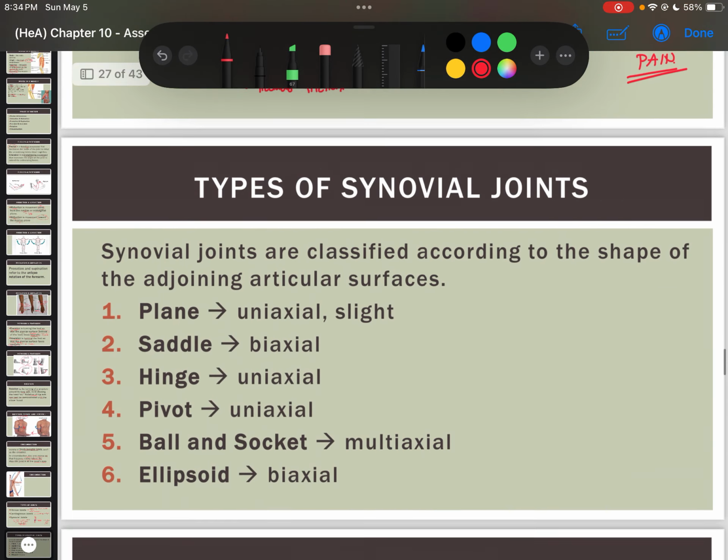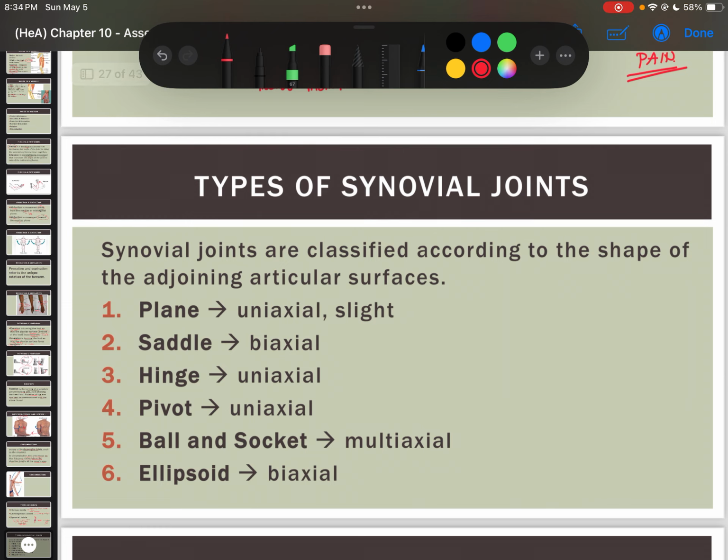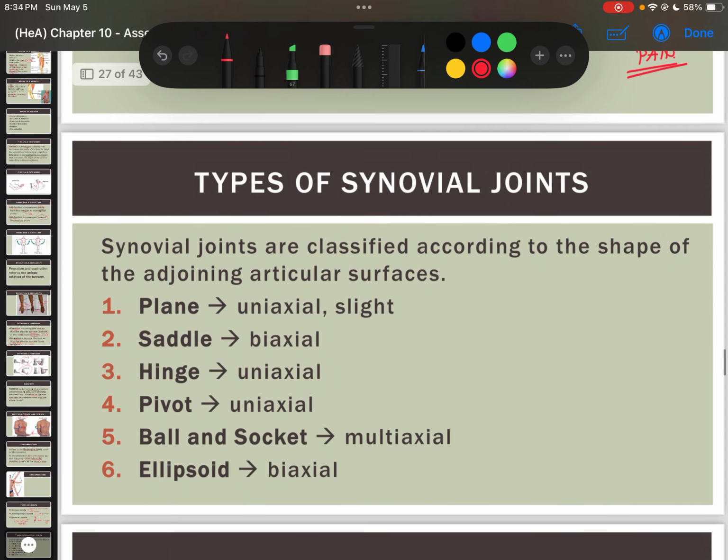Now, here are the types of synovial joints, from 1 to 6. I have decided that instead of discussing this, since this was discussed in anatomy before, I will just send you the slides.